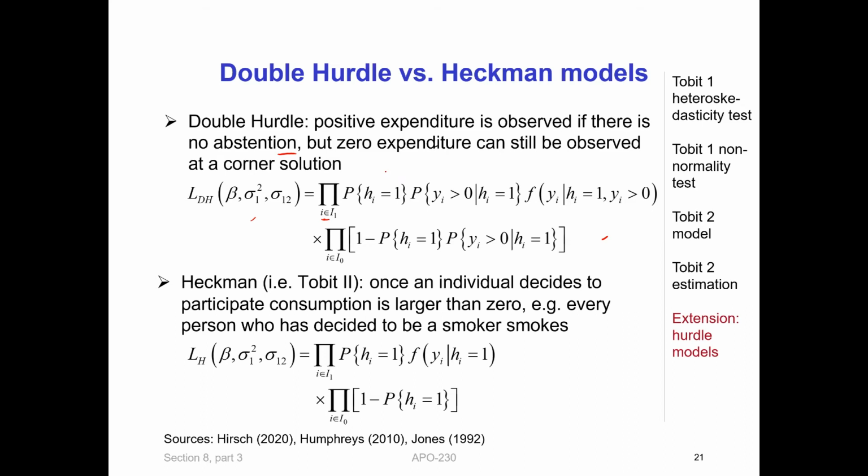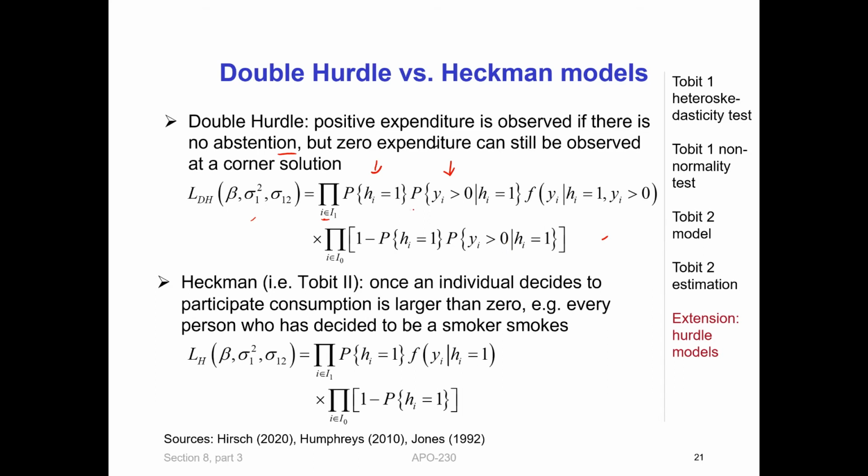Then the first hurdle, h_i equal to 1, meaning there's participation. But then it must also be that y_i is larger than 0 once there is participation.